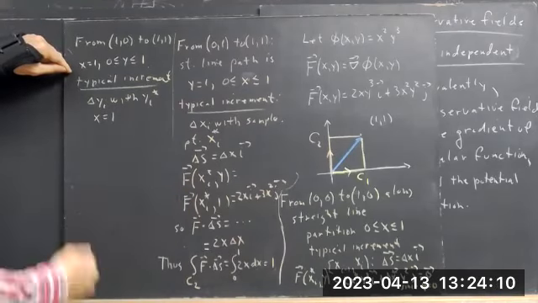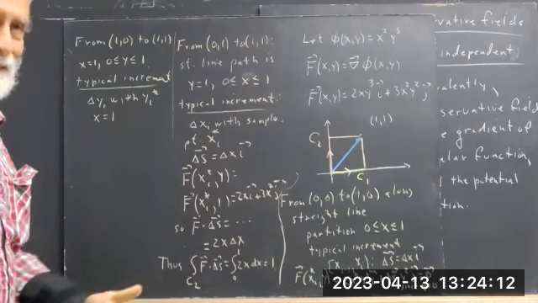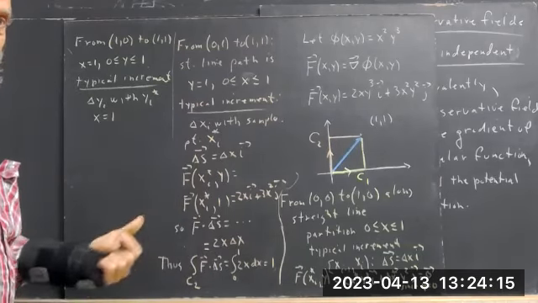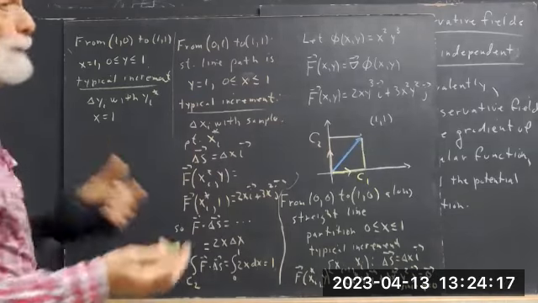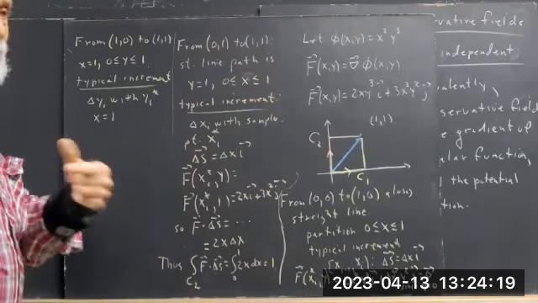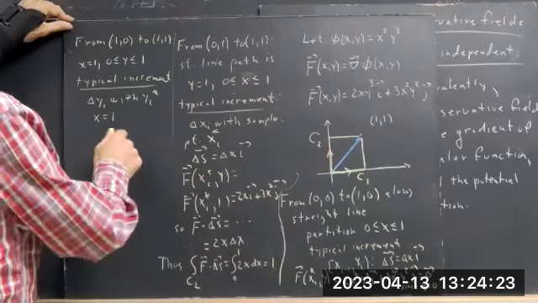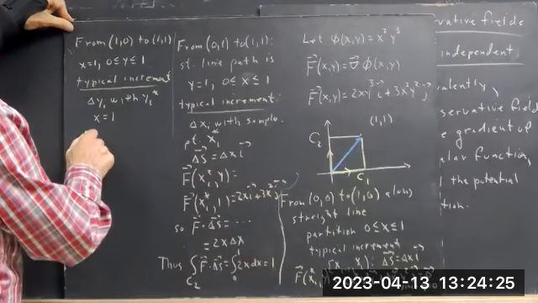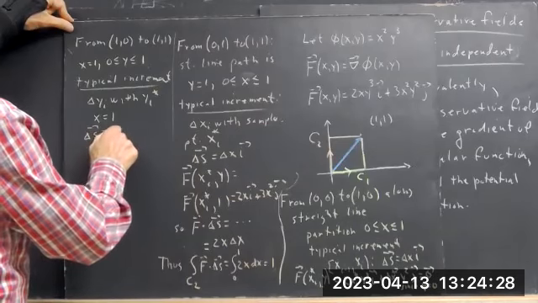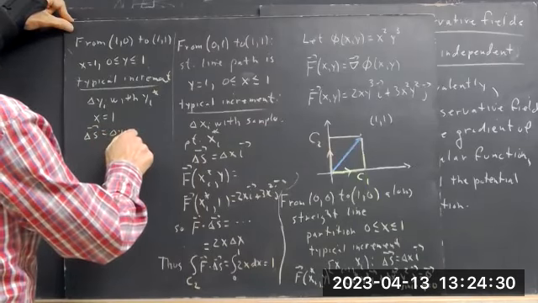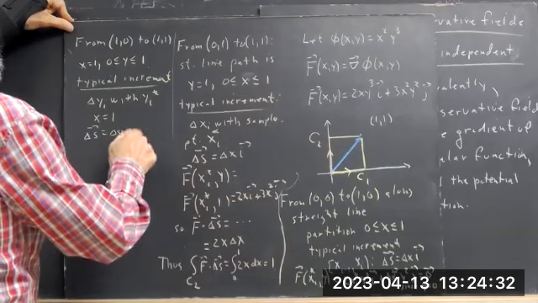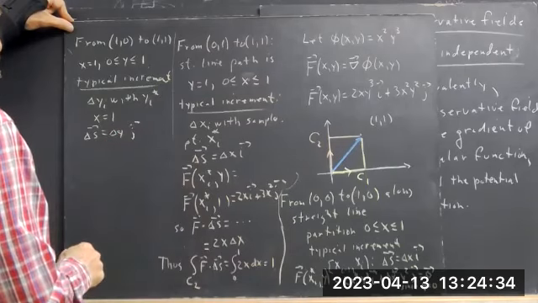But with experience, you get better, you get more aware. And you'll have experience in this section because you're going to have to do these things. So delta S equals delta y j.